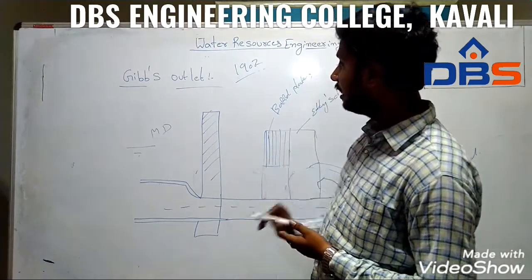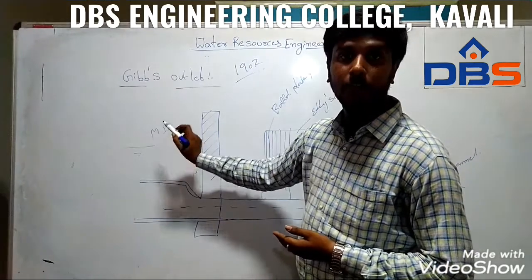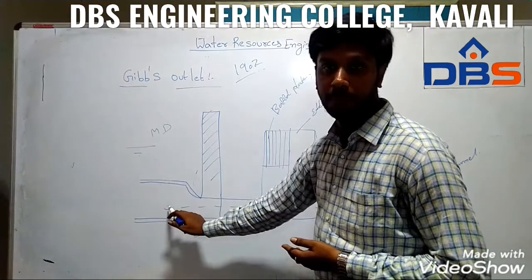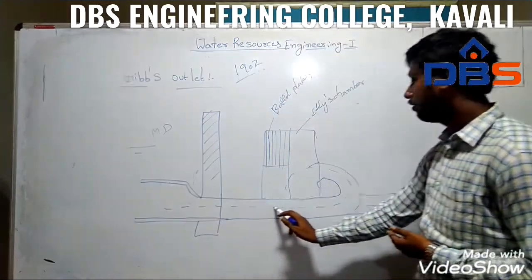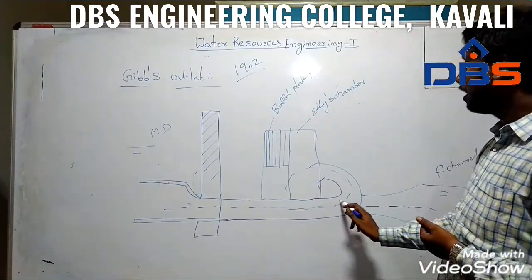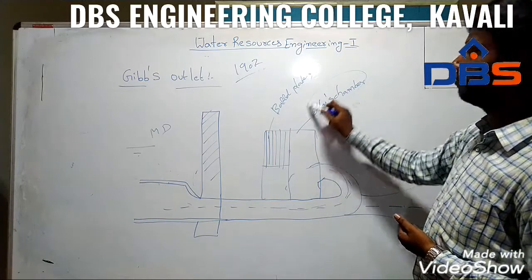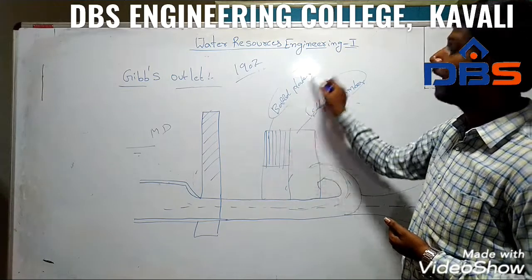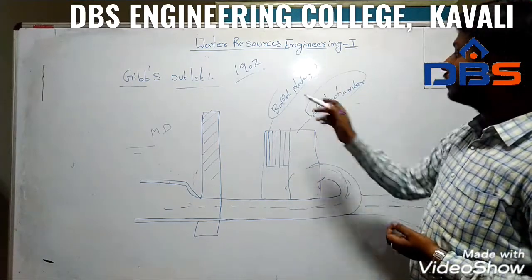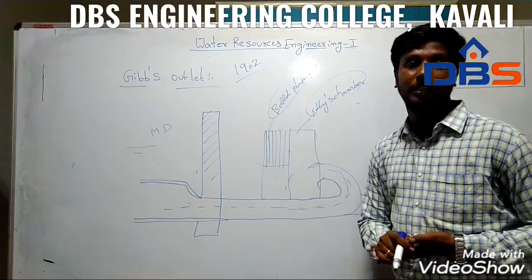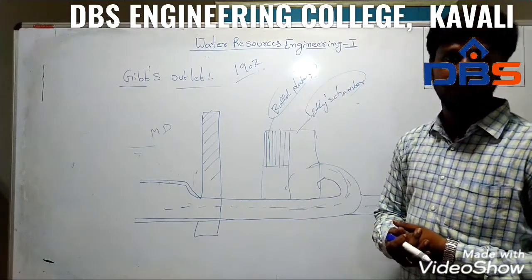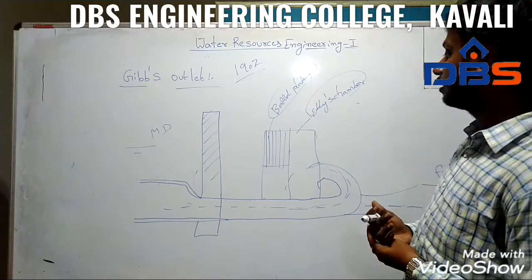See here, it is a major distributary. From here, the water enters through this pipe. The entire water is carried through this pipe and enters the Eddy's chamber. In that Eddy's chamber, we have a series of baffle plates. What is the main use of baffle plates? They are used for dissipating the hydraulic energy.